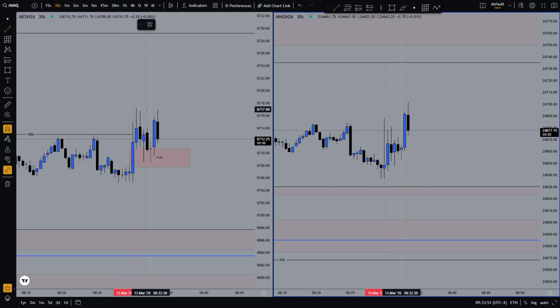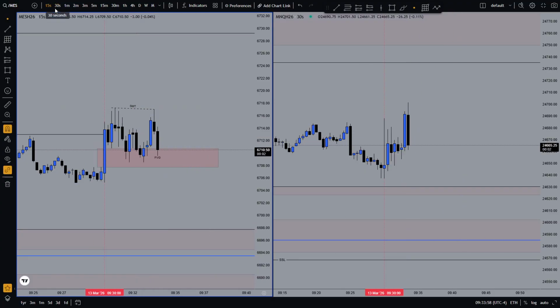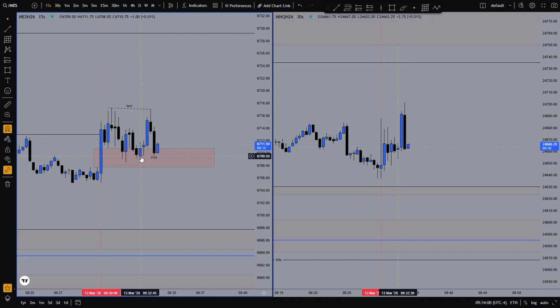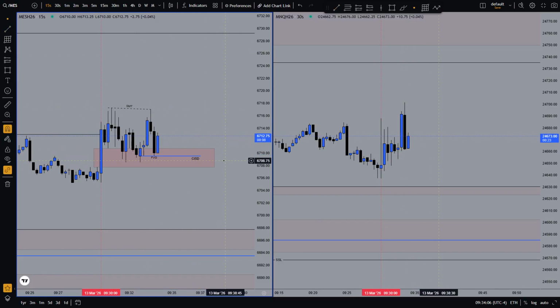So this internal high now gets taken here. Put an SMT in. If we can get below here and then close through this 15-second, look to take a stab lower.